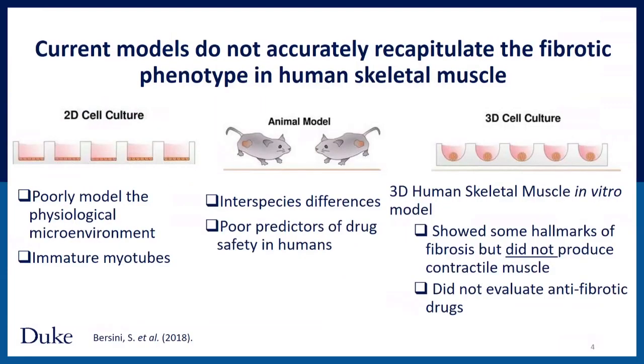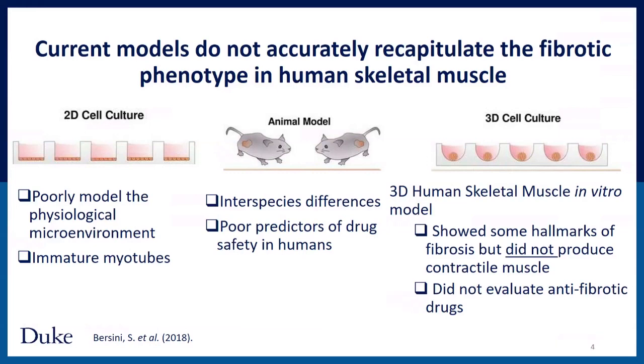With this approach, we still need a valid model system. Current model systems do not accurately recapitulate most of the states in fibrotic human skeletal muscles. The prevailing systems in research include 2D cell cultures, animal models, and 3D cell cultures. 2D cell culture poorly models the physiological microenvironment, and the myobundles in 2D are immature.